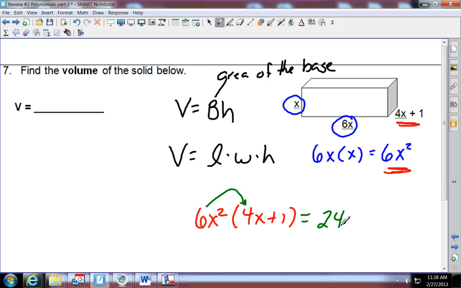X squared times x, x to the third. 6x squared times 1 is 6x squared. So your volume is 24x to the third plus 6x squared.